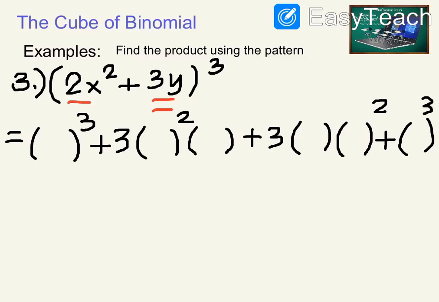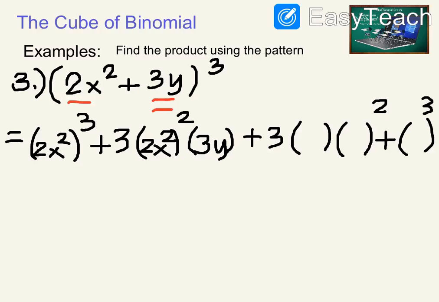Again, plug in the first term here. So the first term is 2x squared. That would mean you're going to plug in the whole 2x squared here in the first parenthesis. So 2x squared, and then here 2x squared also, 2x squared. Here we have 3y.